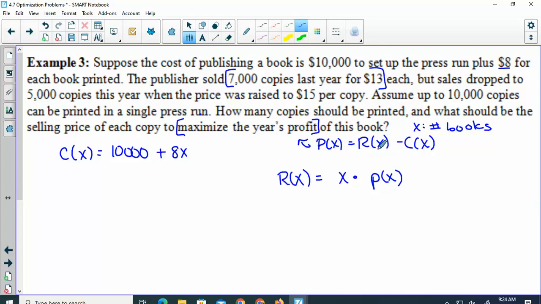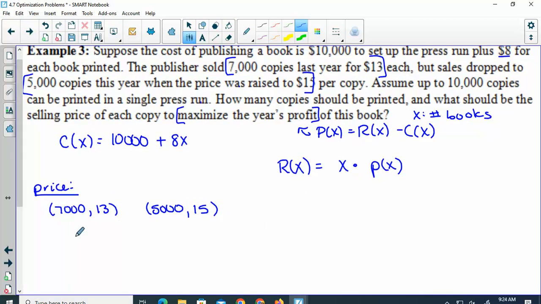How would I write that? 5,000 copies when the price was $15. What am I giving you there? Ordered pairs. So to find my price, we know my x is the number of books, so 7,000 books, price is $13. 5,000 books, the price is $15. So we can write our equation.